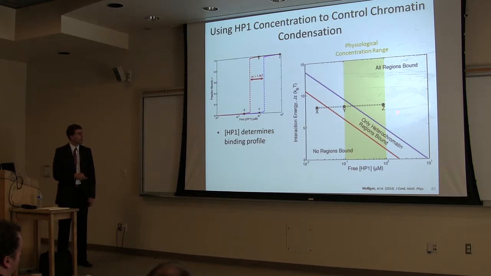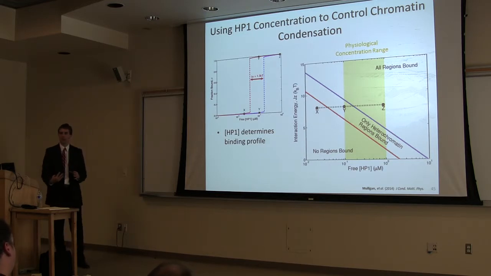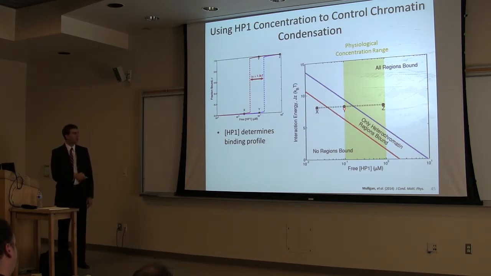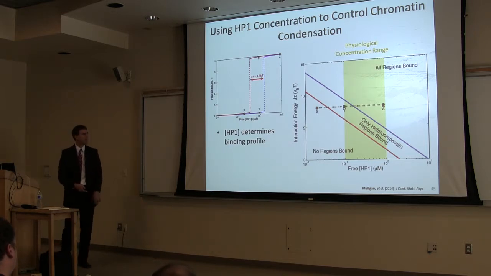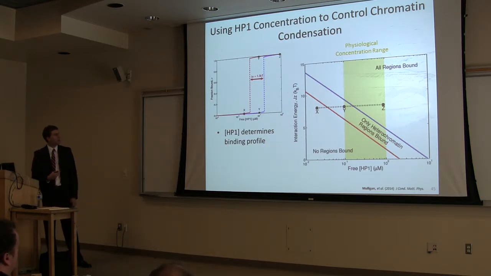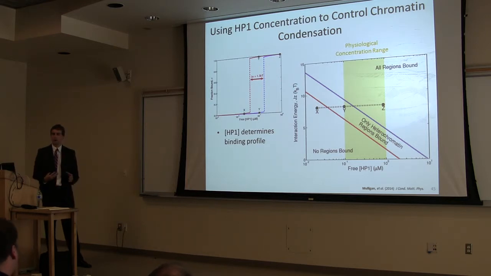And so the cell in general will want to operate within this window here in order to keep only heterochromatin regions bound. But it might want to decondense these regions at different times in the cell cycle to get access to them. And it can do so by changing the HP1 concentration. And so now we can see why this binding energy window is so small.